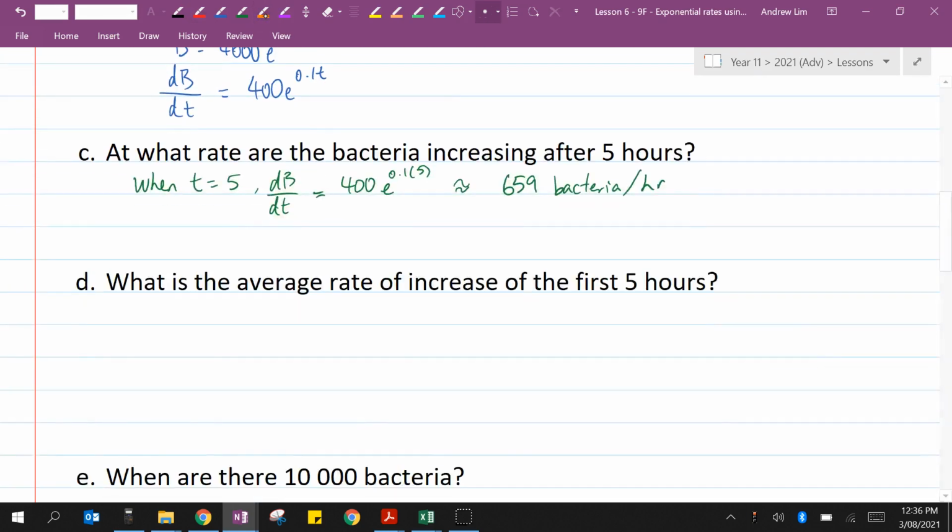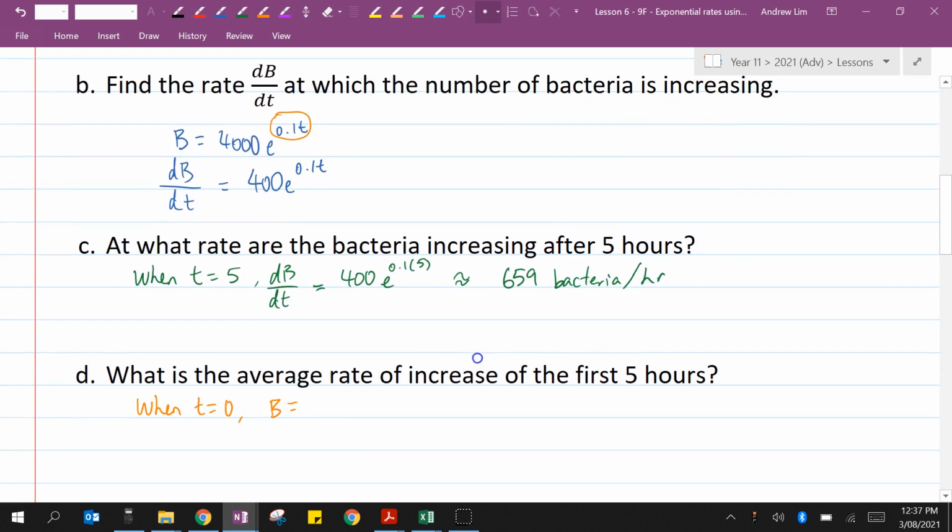Question D. What is the average rate of increase of the first 5 hours? So what that means is we need to work out how much bacteria there was when t is equal to 0. We've already worked it out when t is equal to 5, and then we can just work out the average. So when t is equal to 0, how many bacteria were there?